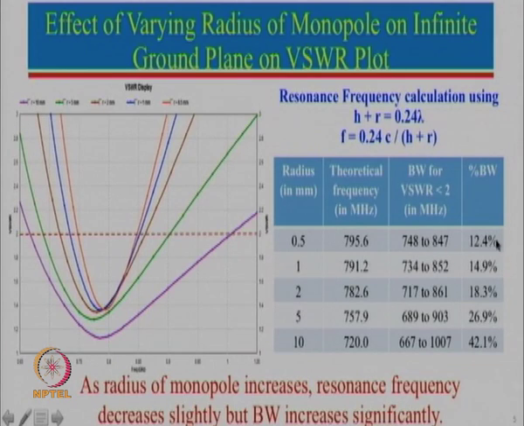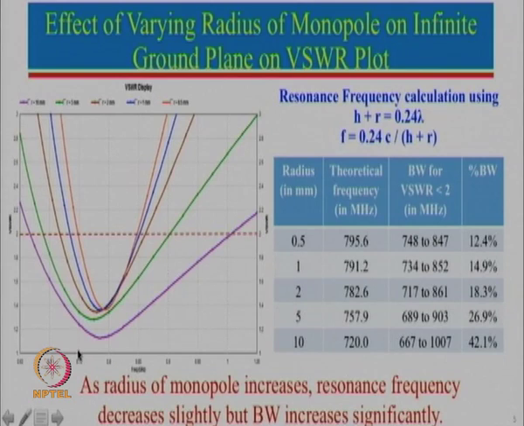So we can see the percentage bandwidth here. For this it is 12%, approximately 15, then 18, then approximately 27, and then 42%. So one can really get a fairly broad bandwidth using a thick monopole antenna.